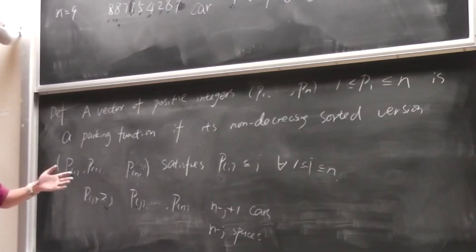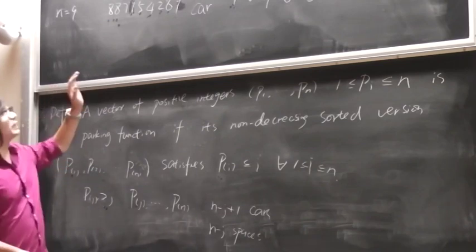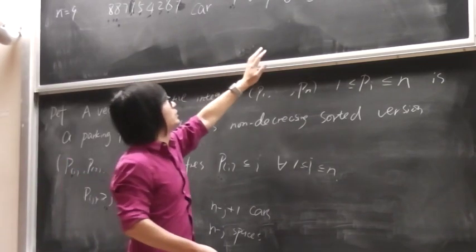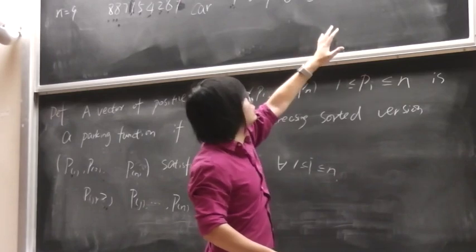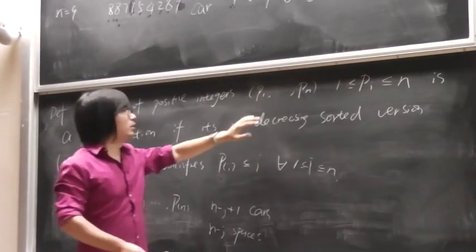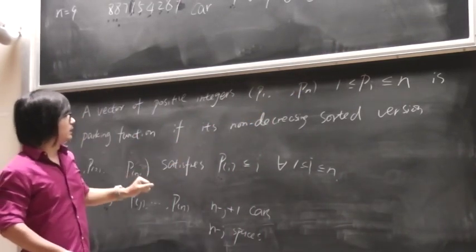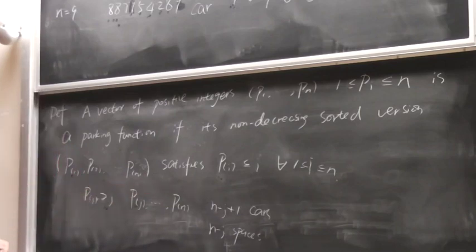In all cases, if it's not a parking function, it means too many cars prefer some large-numbered parking spaces. So it's easy to prove both directions.